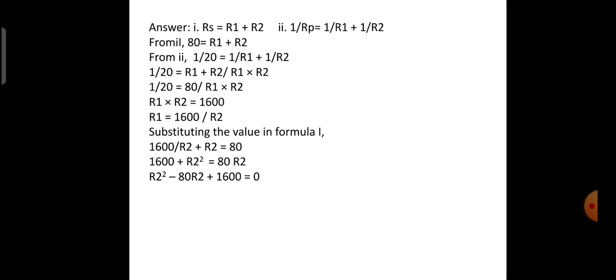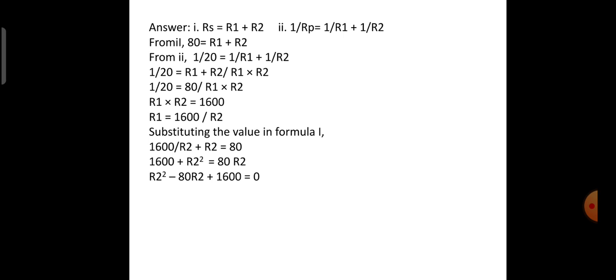Now let us substitute this value in the first equation, that is R1 plus R2 is equal to 80. Now we have found out that R1 is 1600 divided by R2 plus R2 is equal to 80. So it becomes 1600 plus R2 square is equal to 80 R2. We have multiplied R2 on both the sides, and R2 square minus 80 R2 plus 1600 is equal to 0.